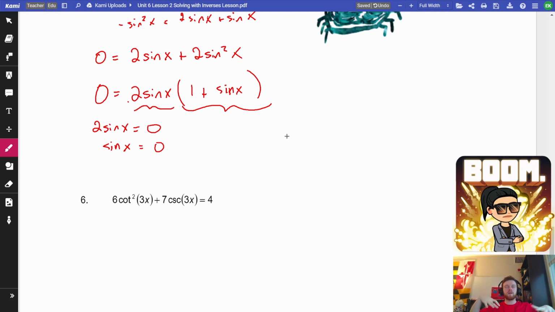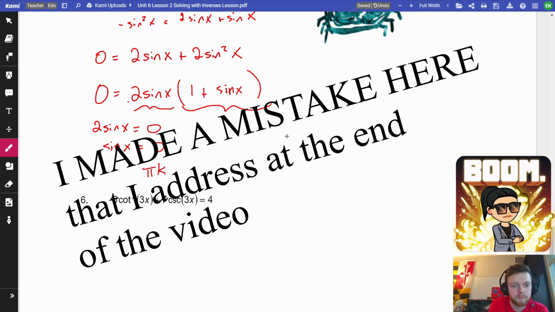That is at 0 and pi, and then 2 pi, 3 pi, 4 pi, 5 pi, 6 pi. So this is just pi k. 0 plus pi k. That's kind of nice. The y coordinate is 0 there and there.